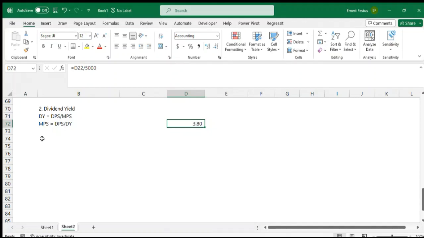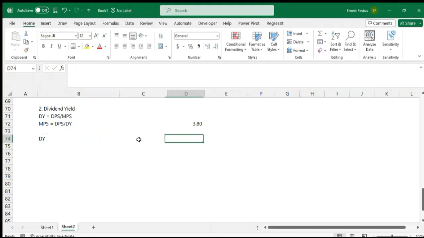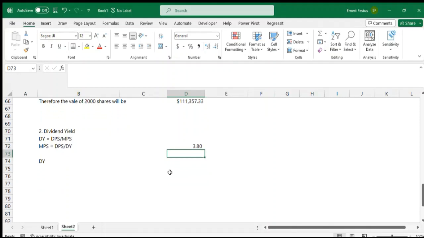And for the dividend yield, we are going to use that of the quoted company. So our DY is going to be equal to the DPS divided by the market price per share, and that information can be gotten from our question.